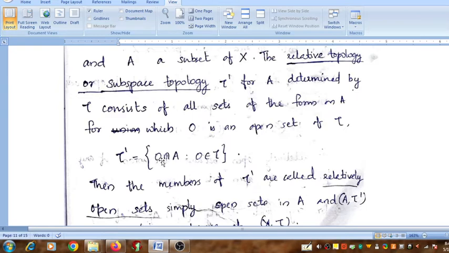And also here we know that we are taking any collection, that may be finite or infinite. An arbitrary collection of members of tau prime is taken, and after taking that, we are going to find its union.